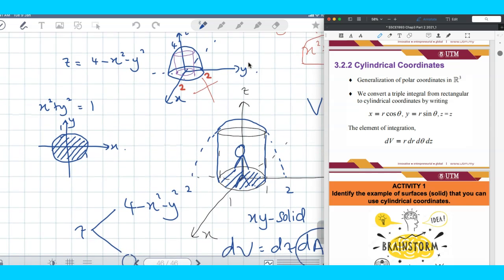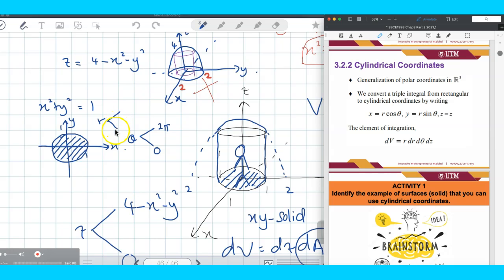We no longer have x and y, but we transform into r and theta. Since our region is a circle centered at the origin, the limits of theta and r are all constant. We have a complete circle, so theta goes from 0 to 2 pi. And r, how can we determine the limit of r?